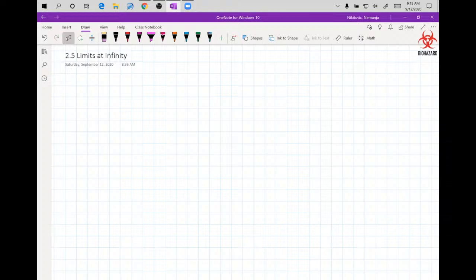So let's talk about 2.5 limits at infinity, which is different than infinite limits. For infinite limits, the answer you were expecting was infinity, and that was used to figure out the vertical asymptote.